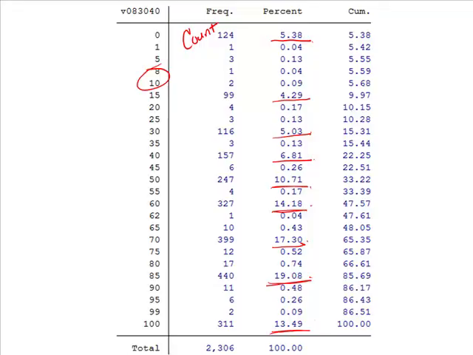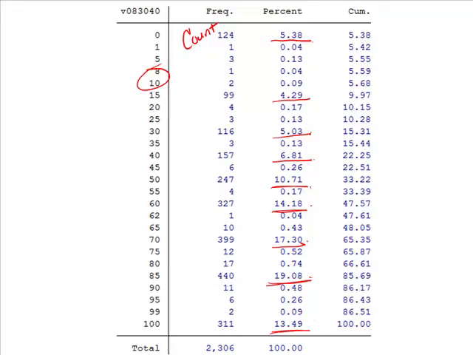Back to a previous lesson where we talked about measurement as a theory. How could we convert this count variable into something else that would give us perhaps more meaning? How could you take this variable that ranges from 0 to 100 and change it? Danny? I don't know if this is right, but could you make it like ordinal where it's like light is like neutral, like that kind of thing?